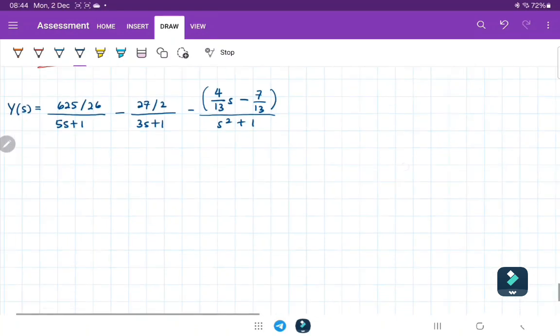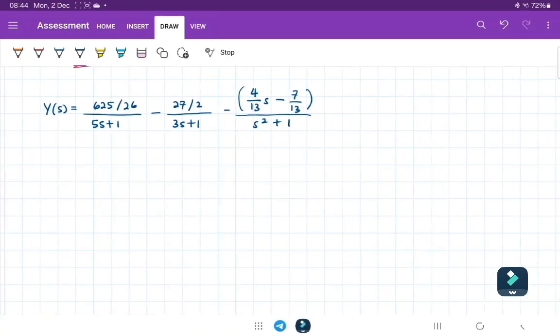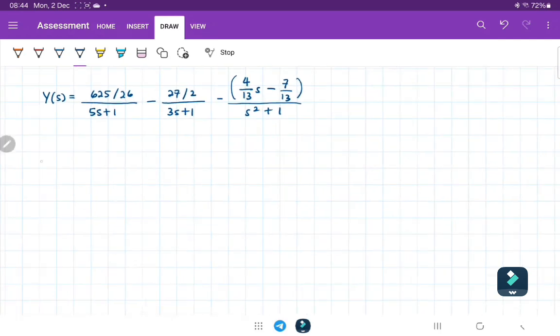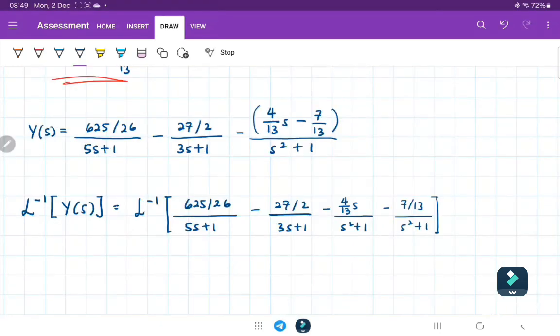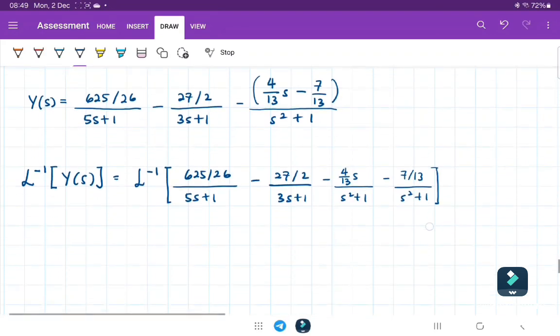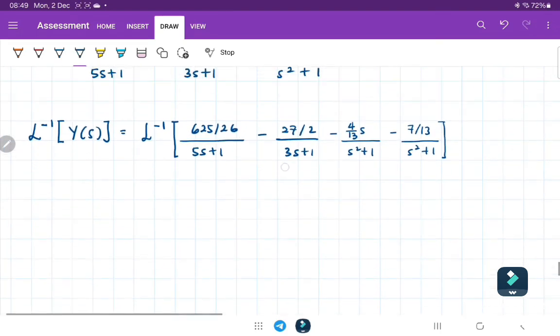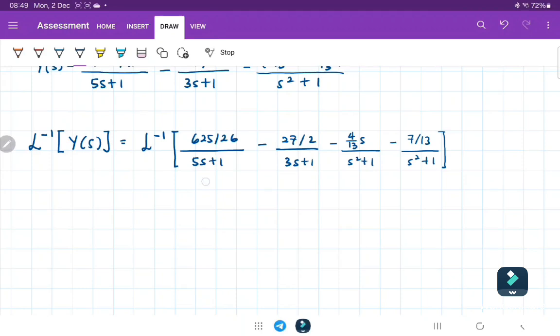Okay, so again we need to do an inverse Laplace transform so that we can get our y of t. So now you can see that we have 4 terms that we need to do a Laplace transform for. The first 2 terms, you have actually done it before in part A. So what we can do is simply rearrange this.